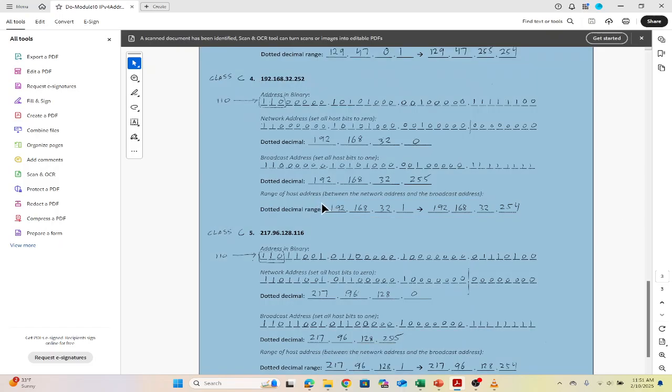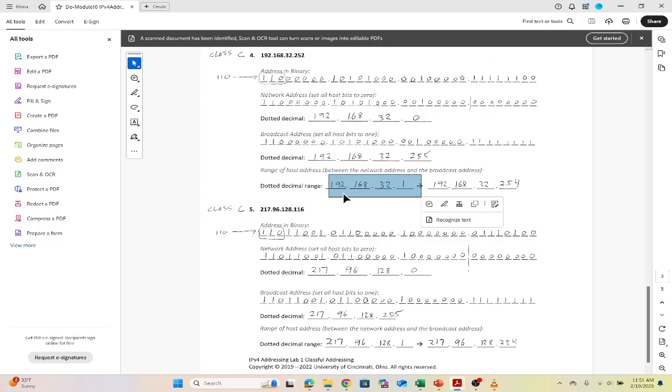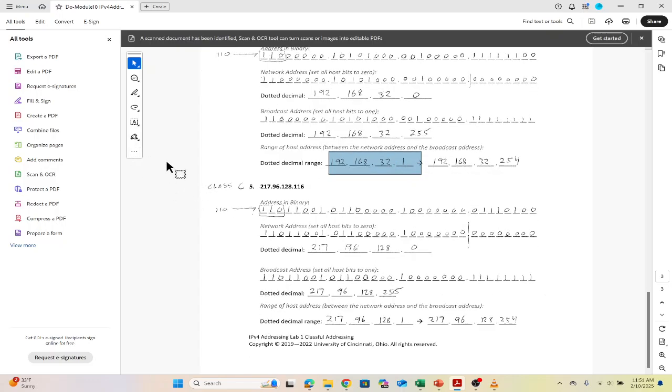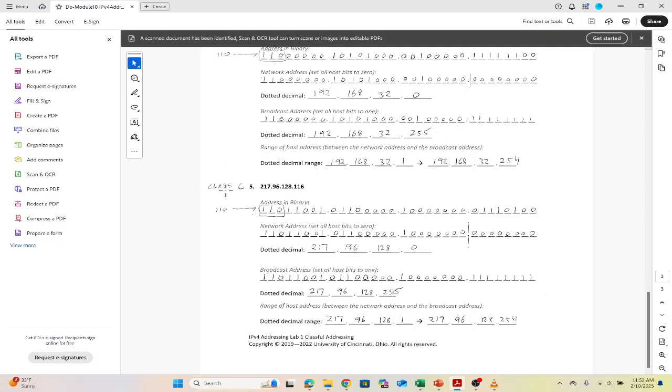Again, that first one would always be assigned to the default gateway, right? Which you'll need to know when we mess around with Packet Tracer. Okay. And then the last example here, again, Class C. You can see the way it starts 110. Again, go back to here. Class C starts 110. It's a higher number. And then for Class C, the first 3 octets are the network ID.